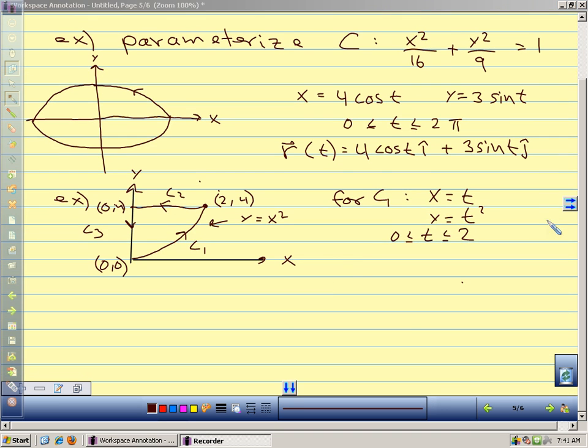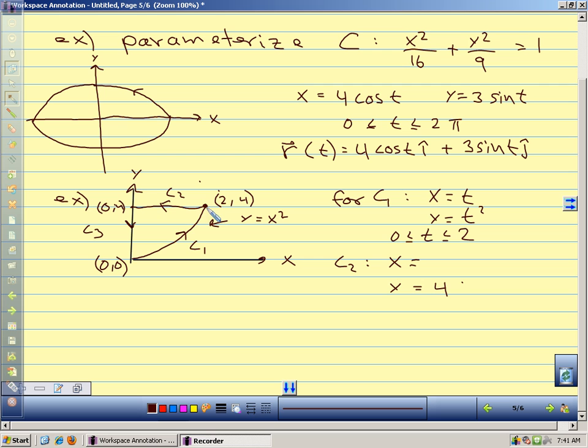For the second curve, how are we going to parameterize that? For this one, what is y? So y equals 4.